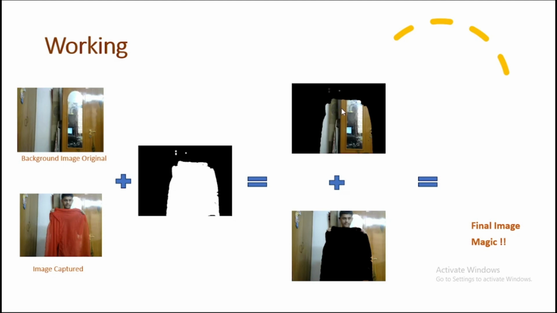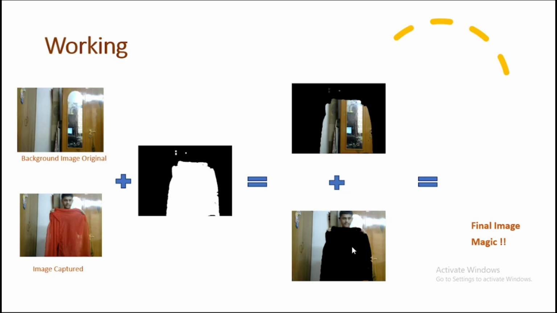But then since you want to be invisible, this is the region that is there of the red color. So you want it to be interchanged with the background that's there. So that's why you add this to it, and then you get this mask, and then when you add it to the image that is captured from webcam, you get this.